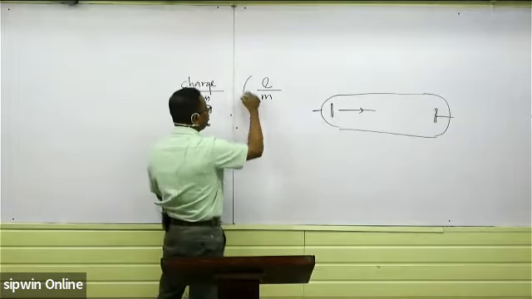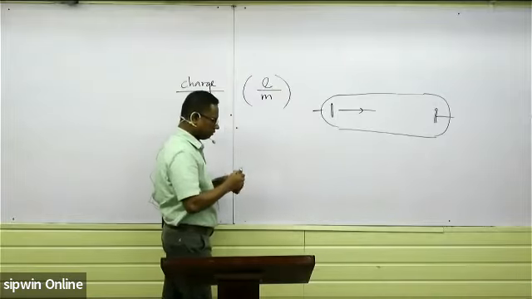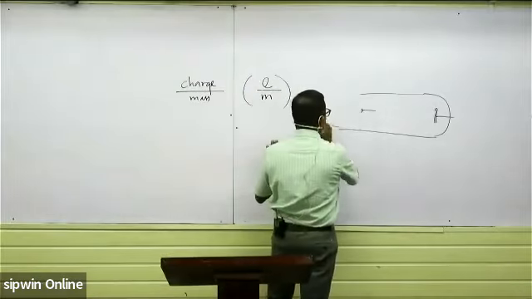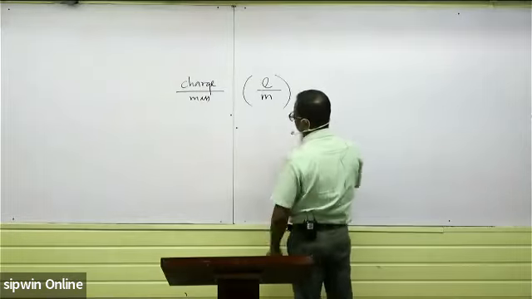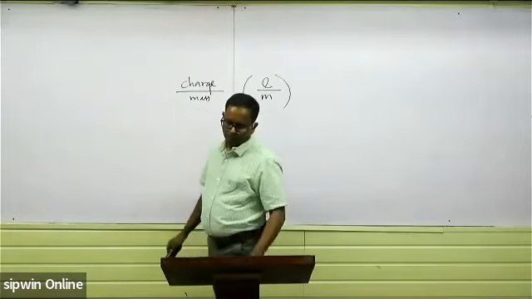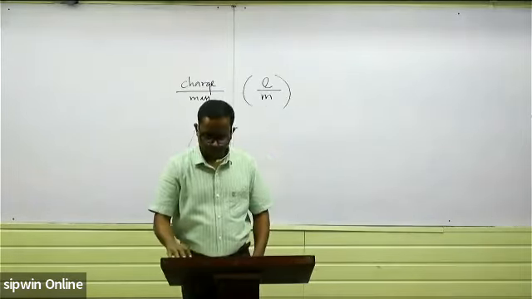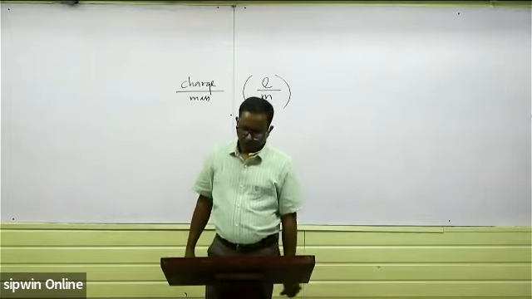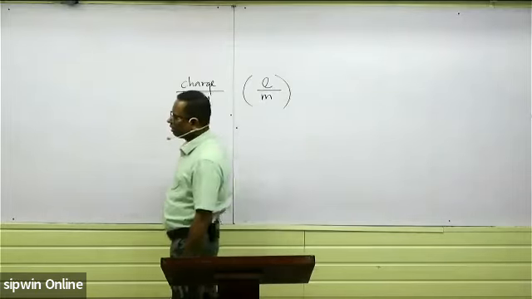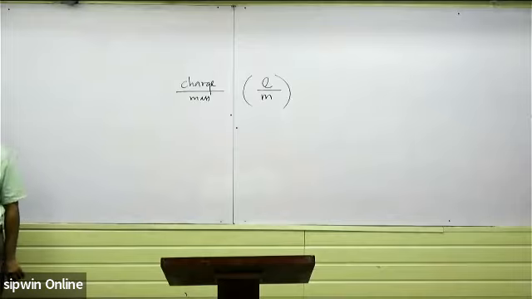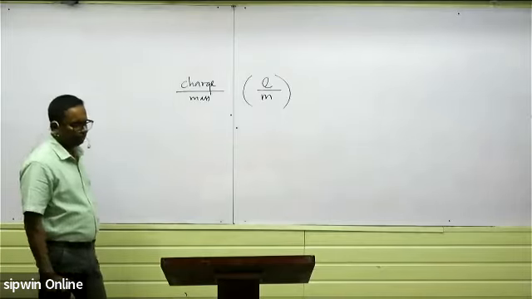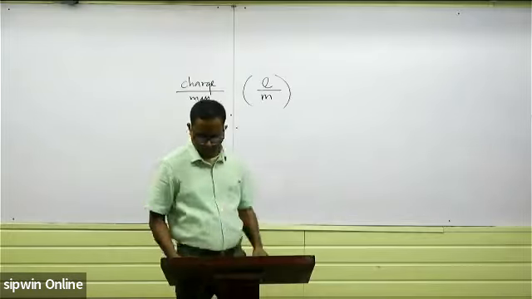Then within a bracket, E divided by M. He was able to determine the charge divided by mass value of a cathode ray particle.